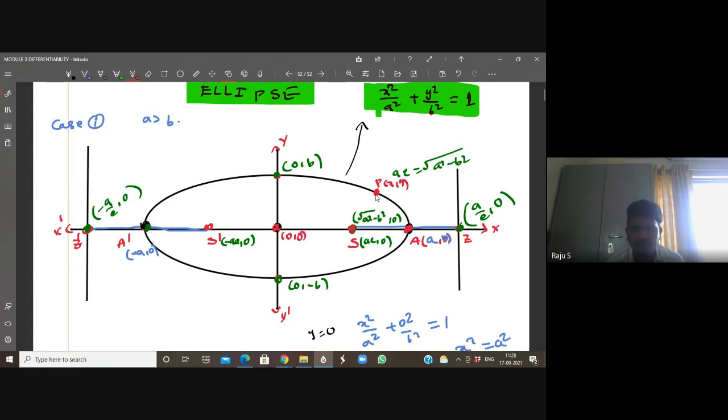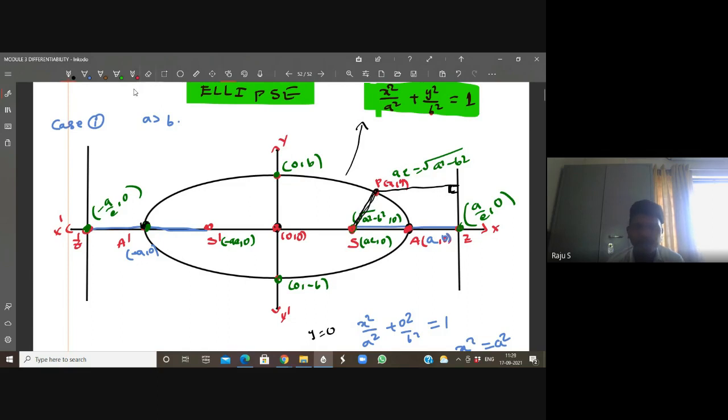This is S, this is P. I'm going to take the perpendicular line segment, or projection, from the point P to the directrix. It has some length.